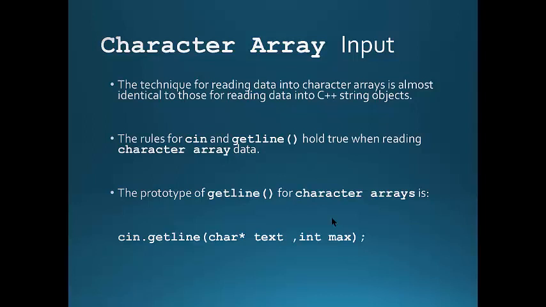So cin and getLine hold true when reading character array data. If you do a getLine, notice here we say character asterisk text. So what is text? Normally we put a string in there, but now we're using a character array.